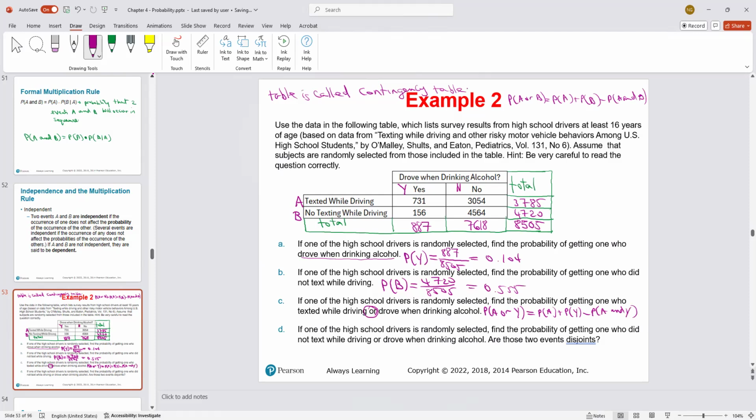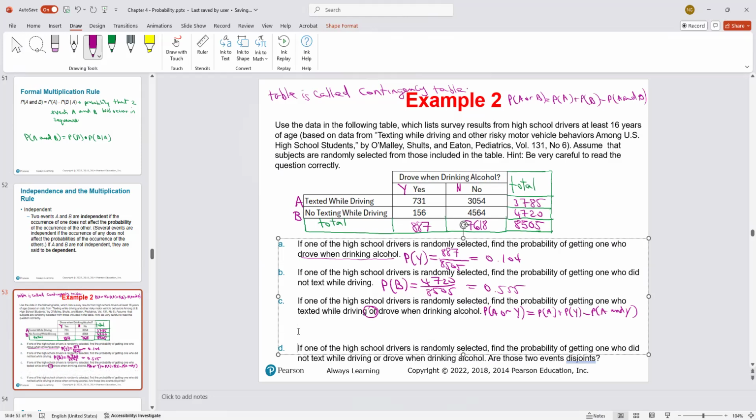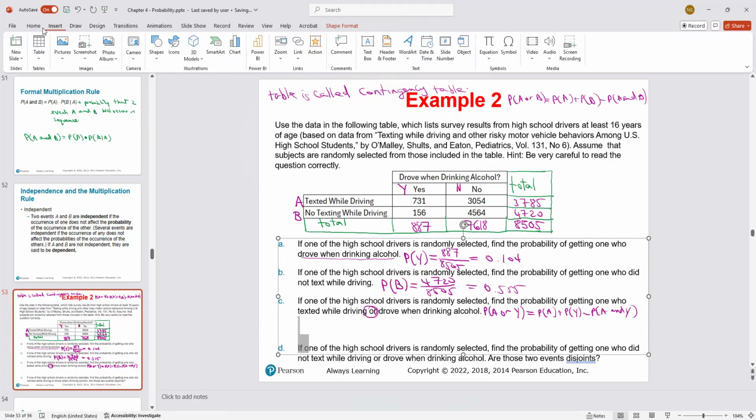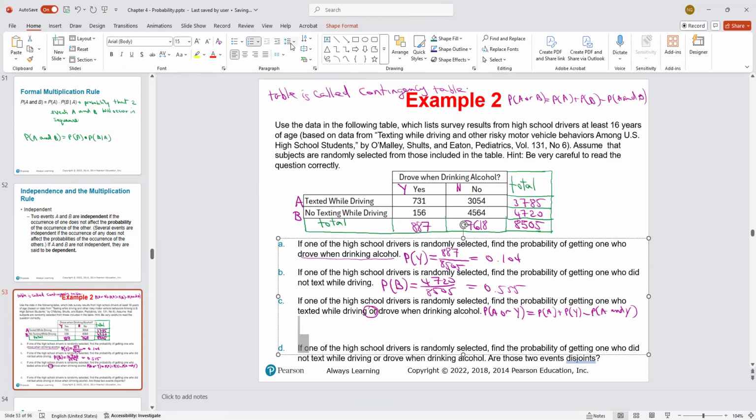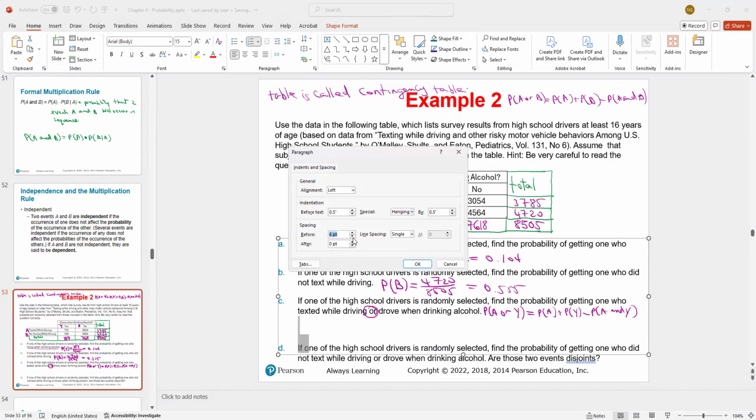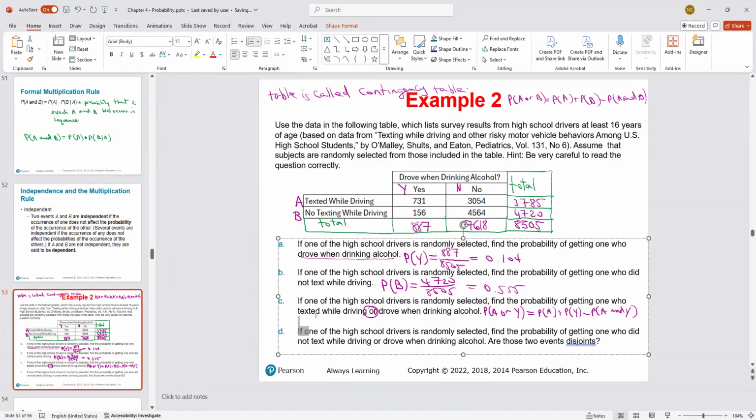Okay? All right, I'm going to try to put this one a little bit down so I have enough space for it. Okay, let's try it. Maybe I have enough space for the other one too. Okay, that's all I need. Probability of A or Y, that's always zero.